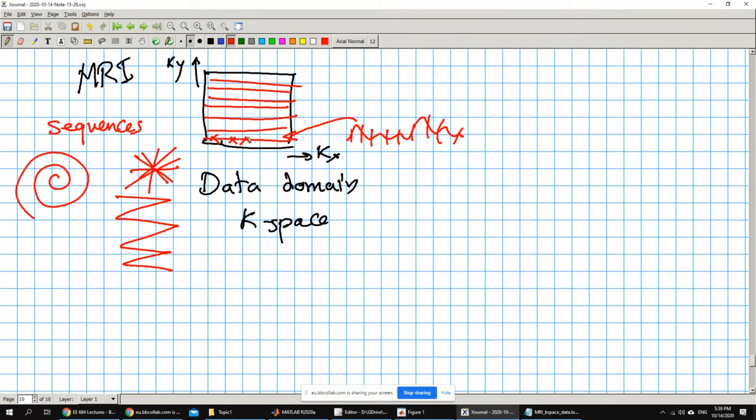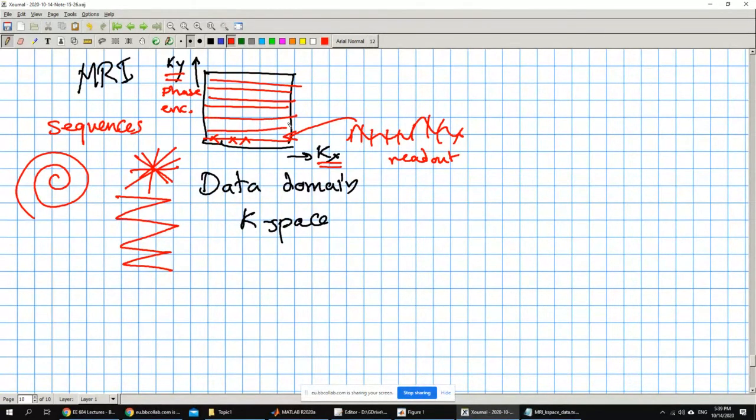And there are two basic sampling schemes that have to be done. One is done in this axis, in the kx, and one is done in the ky. This one here is called the readout, because as you read the data, you sample the data by this readout sampling. The other one is the phase encoding.